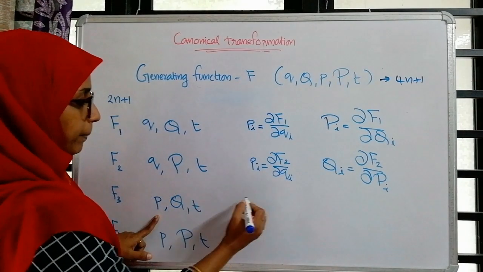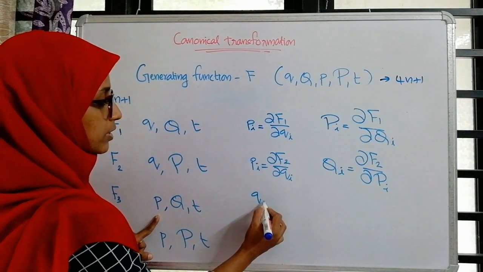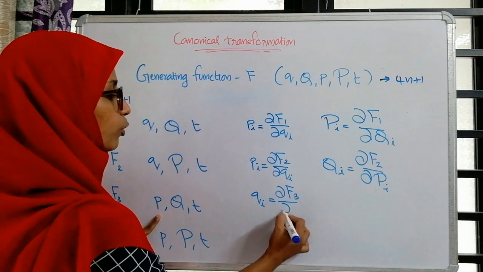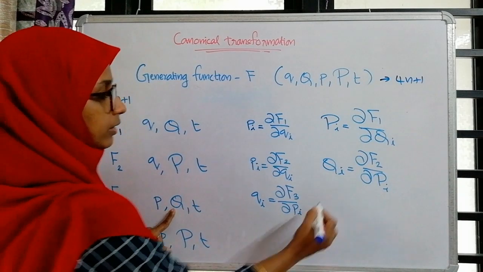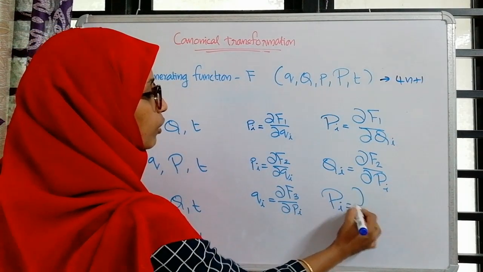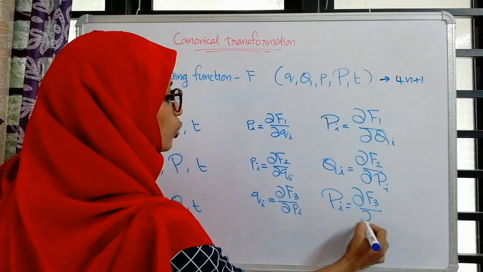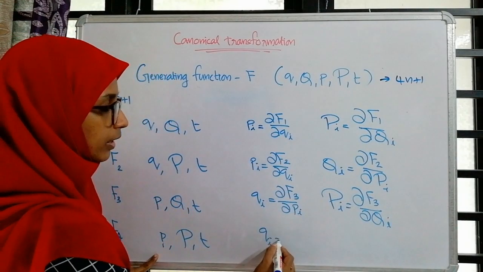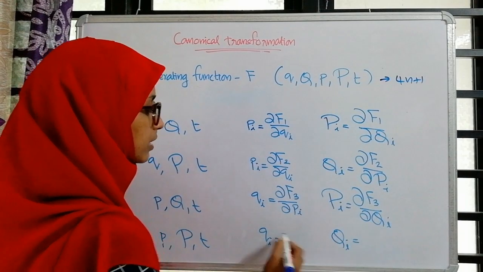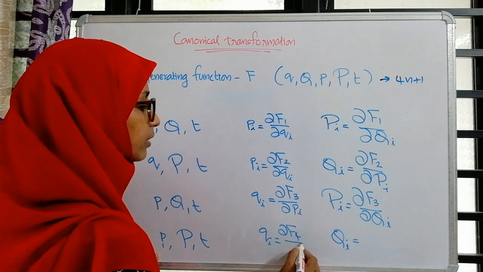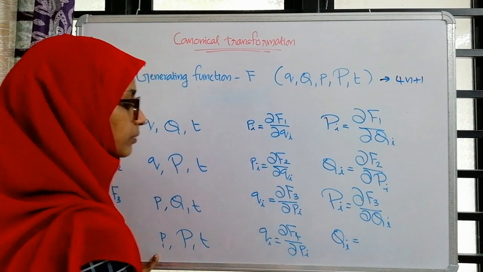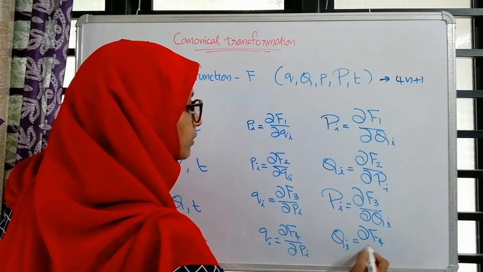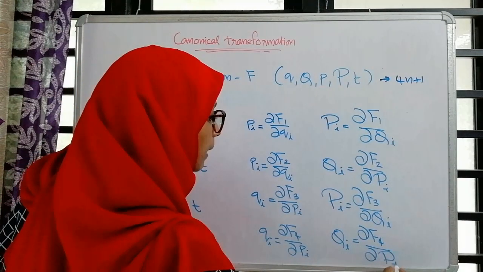In F3, small p is present, so we have to derive small q_i from dF3 by dp_i, and capital P_i is equal to dF3 by dQ_i. And in F4, small q_i and capital Q_i are derived from dF4 by dp_i and dF4 by dP_i.